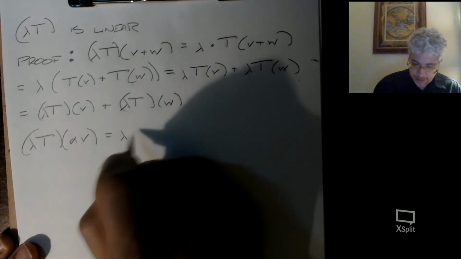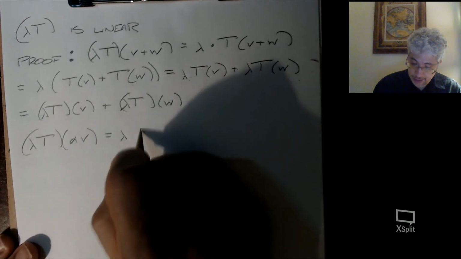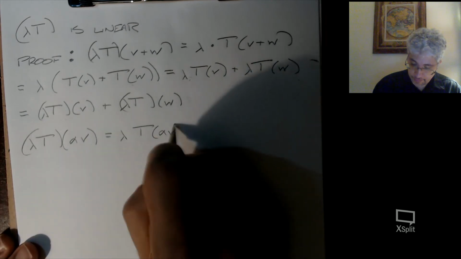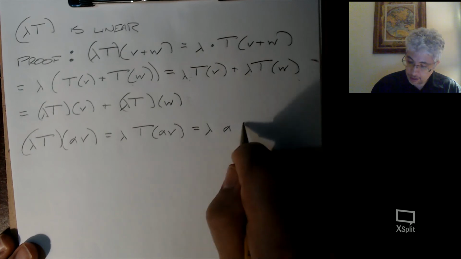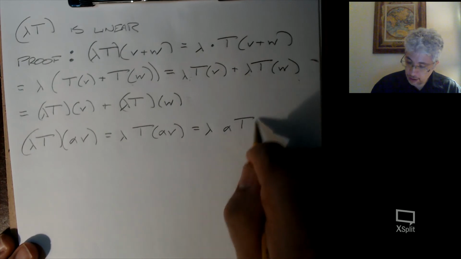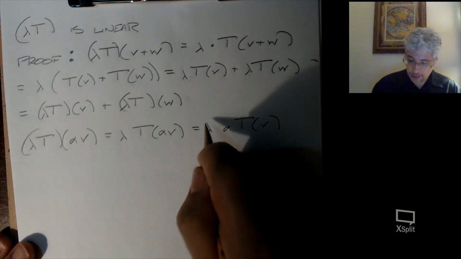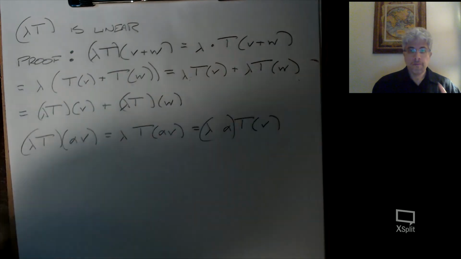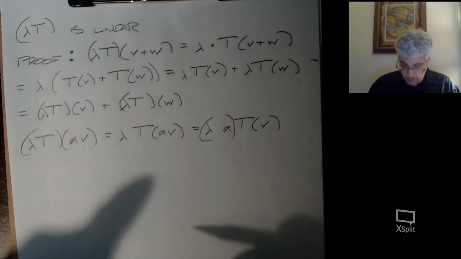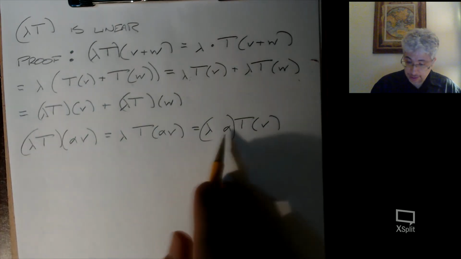So let's take (lambda T) of alpha v. By the definition of lambda T, this is lambda times T of alpha v. And T is linear, so this is lambda times alpha times T of v. Of course, we can group that if we want, but that's not quite what we want. We don't want to leave it like that.